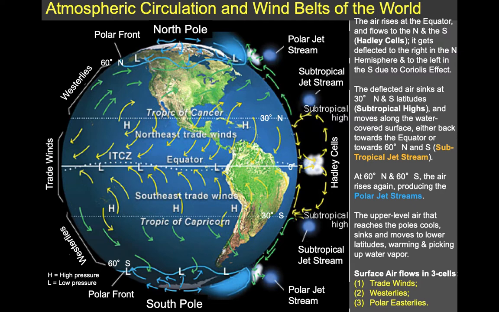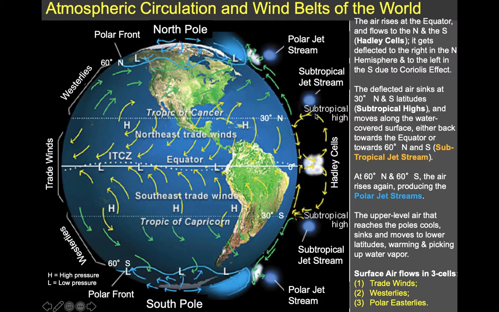The air that reaches the polar regions, the North Pole and the South Pole, now becomes very cold and denser, and it sinks and moves towards lower latitudes and warming up and picking up basically water vapor and becoming extremely moist.